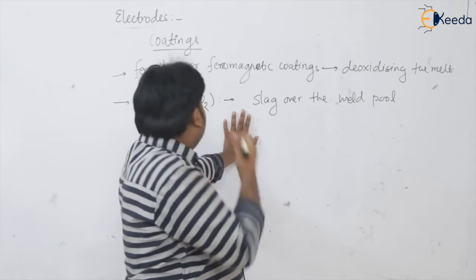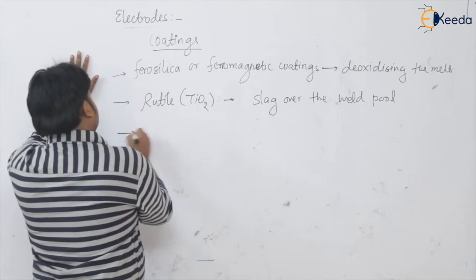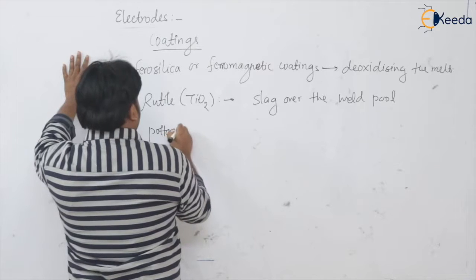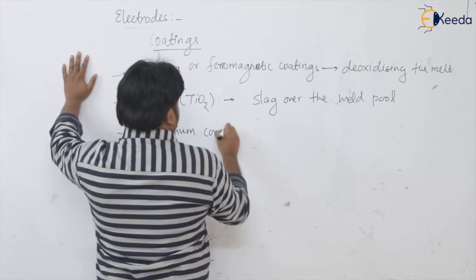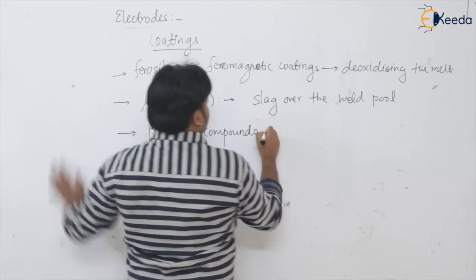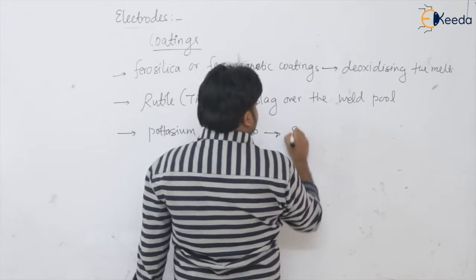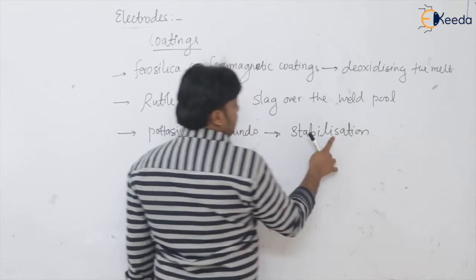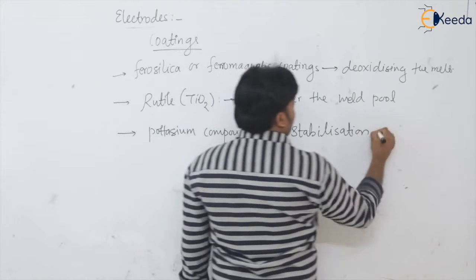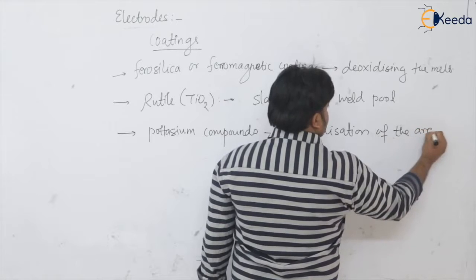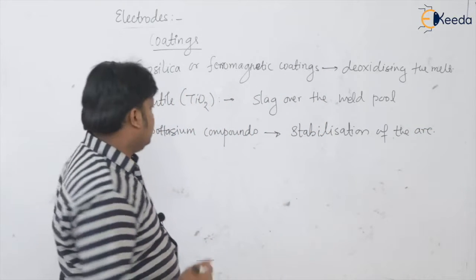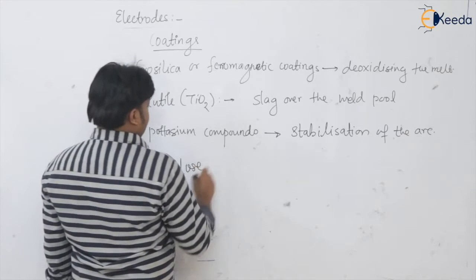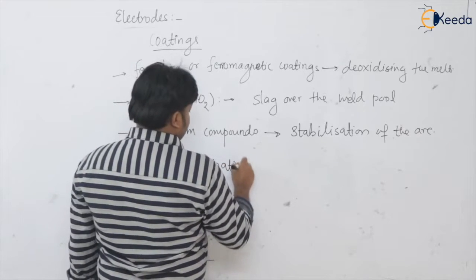Again, we are having these potassium compounds, we can use them for the stabilization of the arc. You can write either S or Z, no issue. Stabilization of the arc. And also we can have the cellulose, a high amount of cellulose, so that has the cellulose coatings.